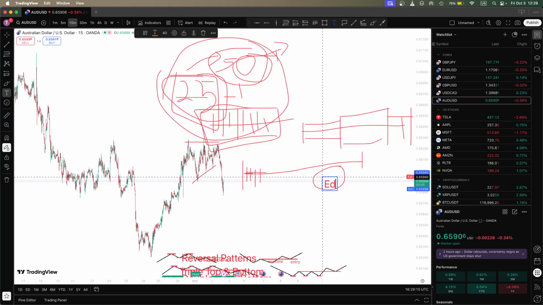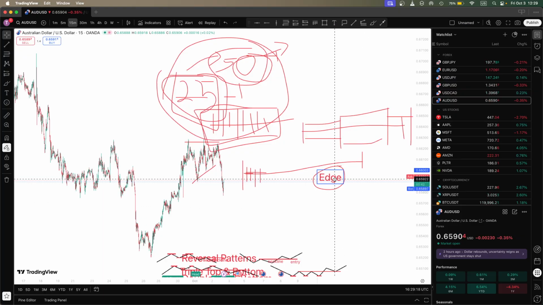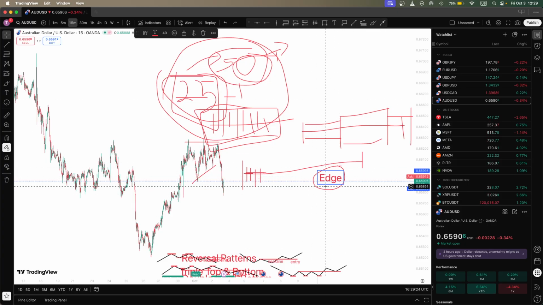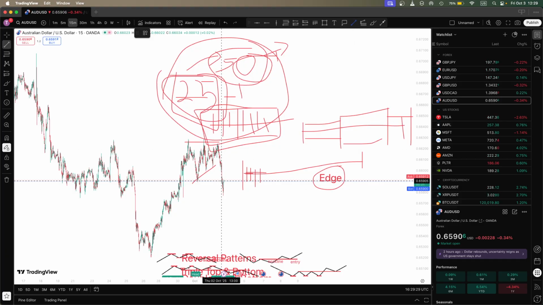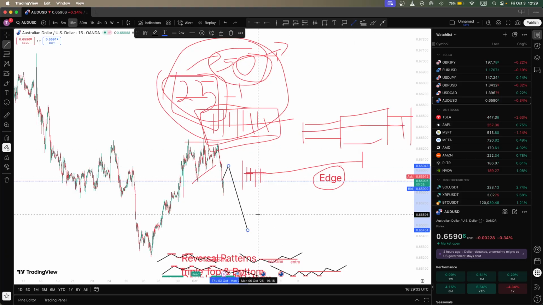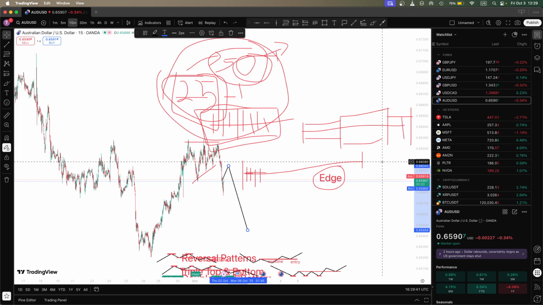So once you have this edge, this is where you can start to slowly risk your own money. When there is no edge, it's basically all gambling. You're just gambling. Market is going to go up, market is going to go down. But when you know your edge, saying that okay, out of the 50 trades I take, from this point it goes down 80% of the time, then that is an edge where you have backtested a specific way of trading that you can take advantage of.